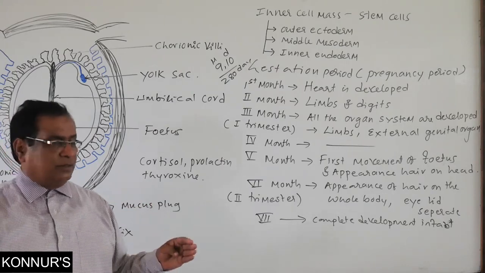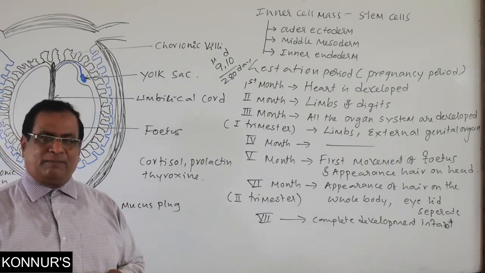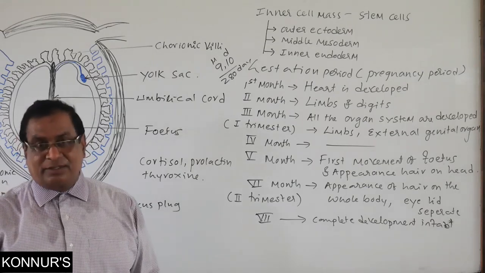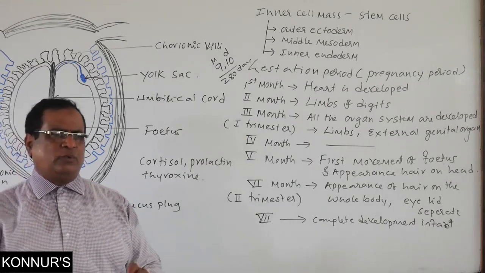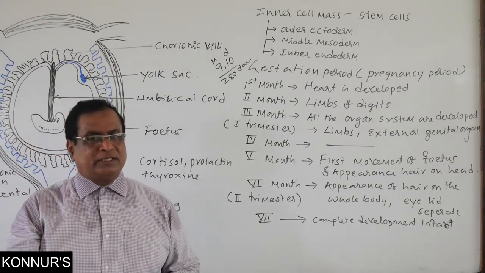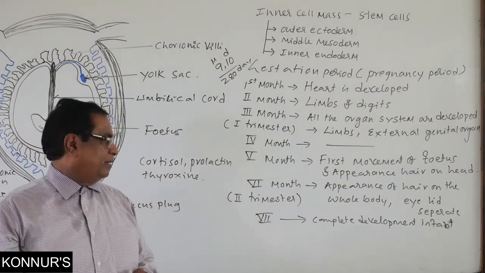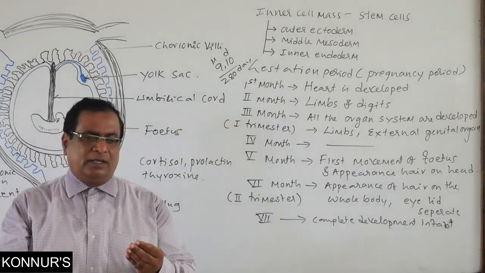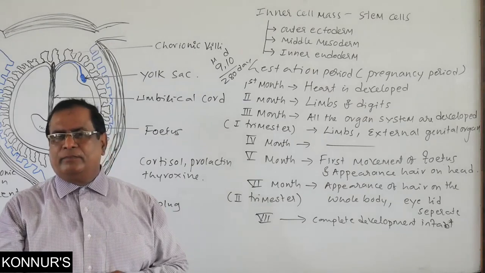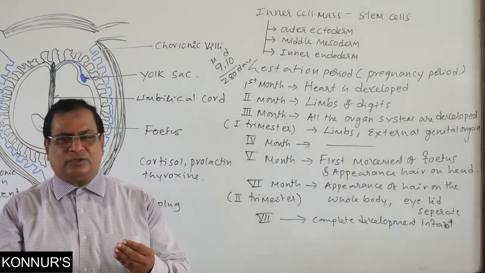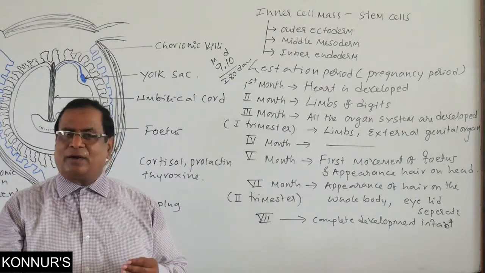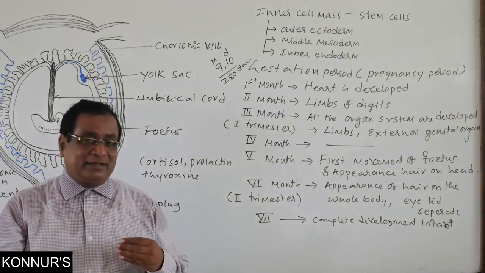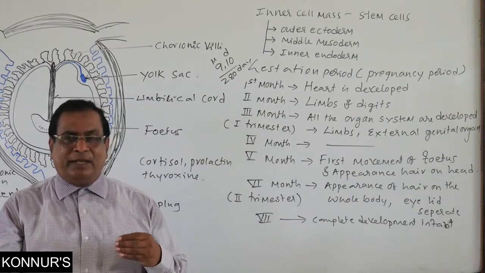And the delivery will take place during 9 months, 10 days. And there is one misconception: that if the delivery takes place during the 7th month, there is no harm to the baby, and even if the delivery takes place during the 9th month, there is no harm to the baby, but if there is a delivery during the 8th month, the baby dies.